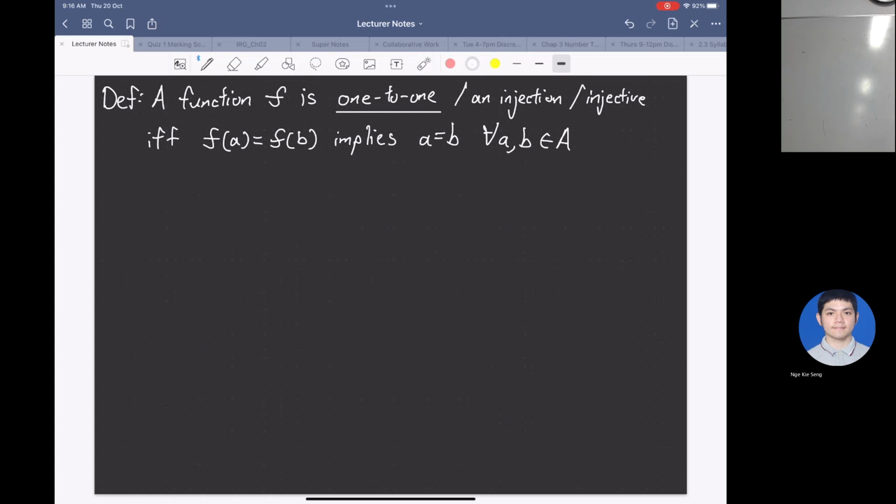So let's say our function is from A to B.